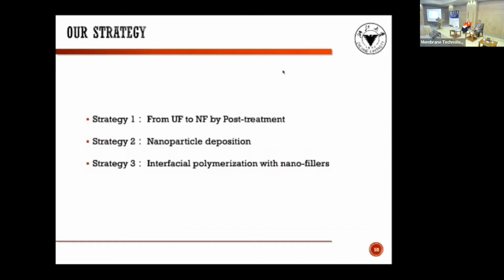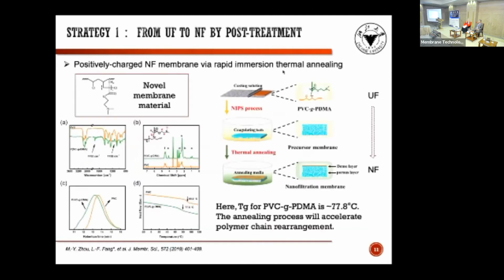Here are the three types of work that we recently reported. In our group, the amphiphilic copolymer is the main powerful material and tool. Compared with the traditional phase separation method, there are no compatibility and leakage issues in the amphiphilic copolymer-based membrane.